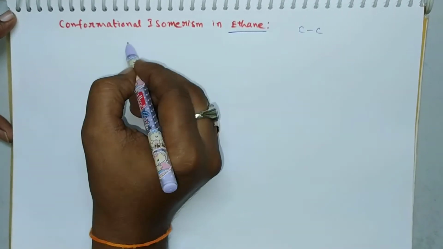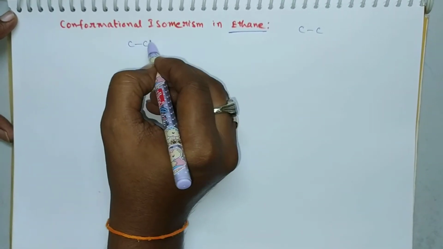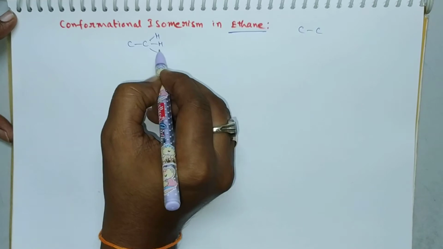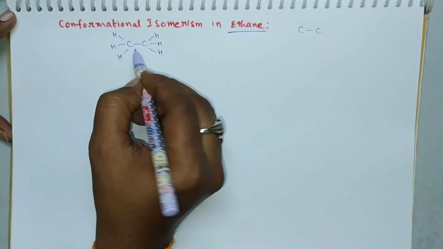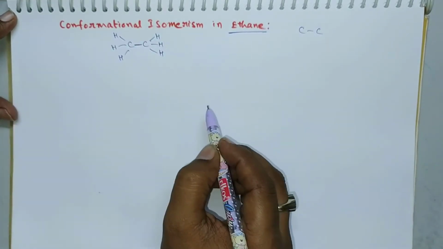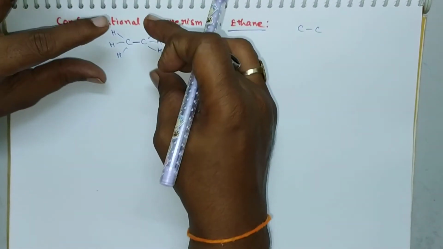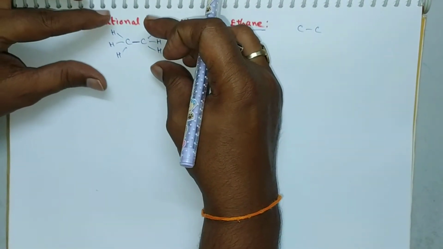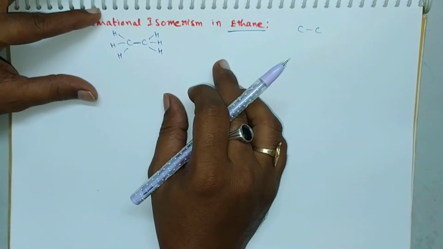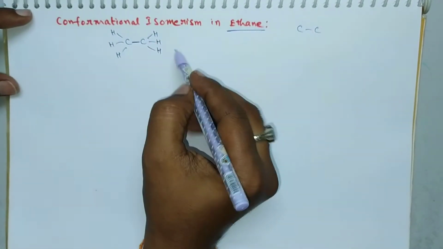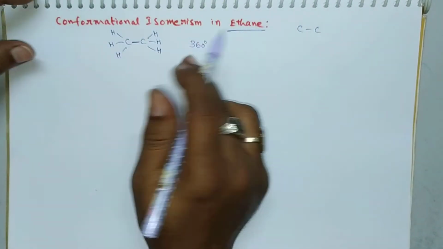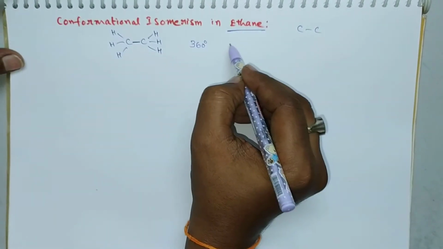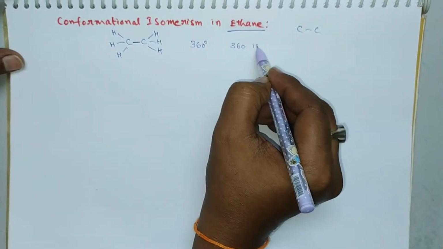The formula of ethane is CH3-CH3, so there is one carbon-carbon single bond. The stereoisomers arise due to rotation of this carbon-carbon single bond. Over the rotation through 360 degrees, we get 360 isomers.